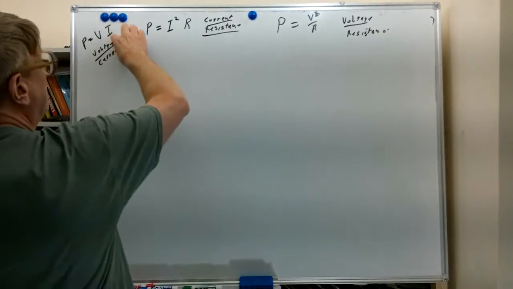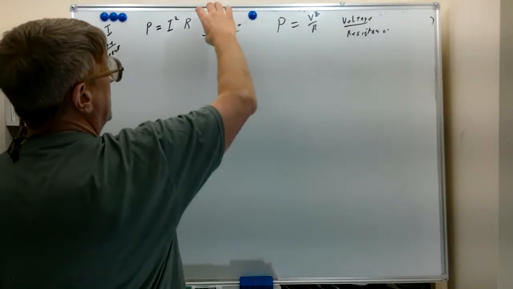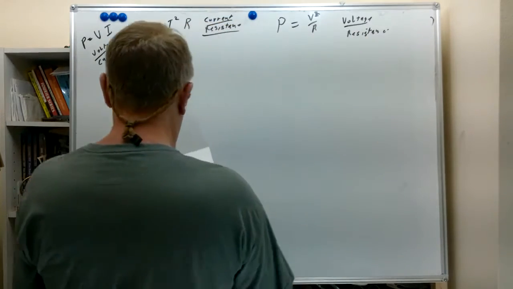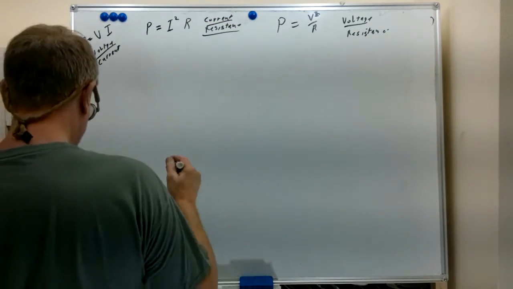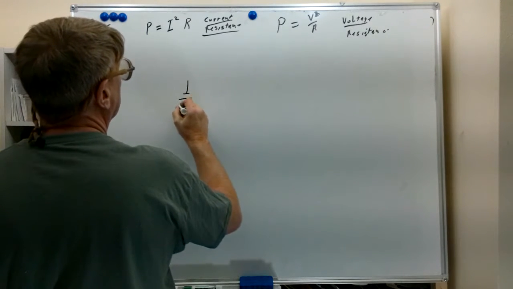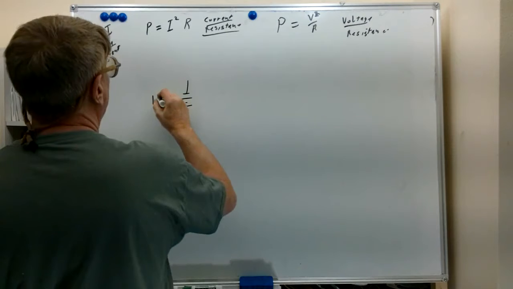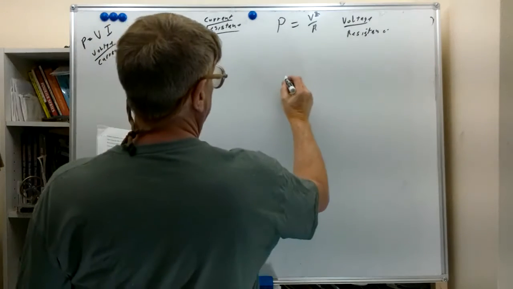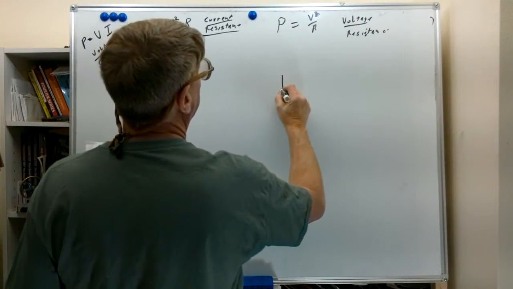One expressing voltage and current, one expressing the power in current and resistance, and one expressing the power in voltage and resistance. I'm going to draw a little circuit here. 10 volts. We're going to draw a resistor over here.